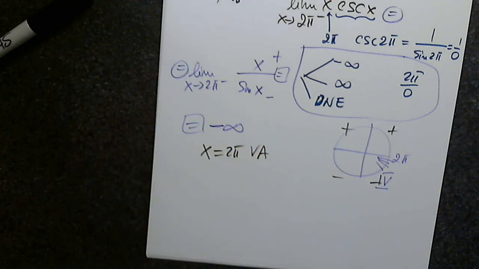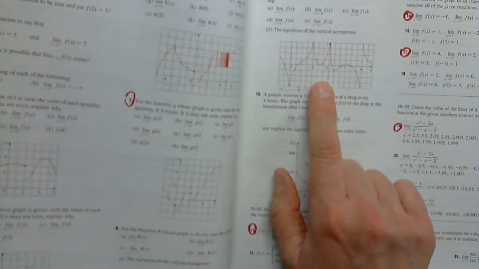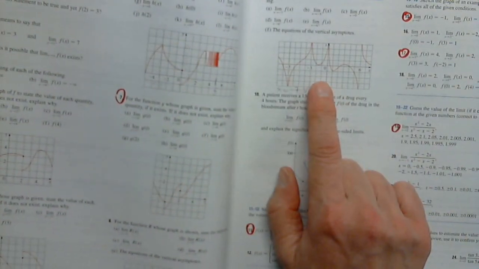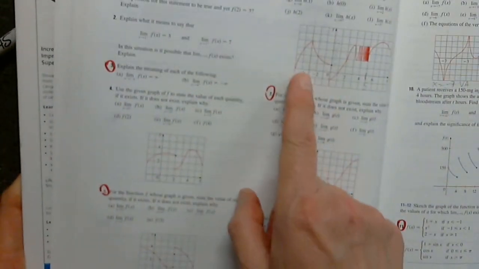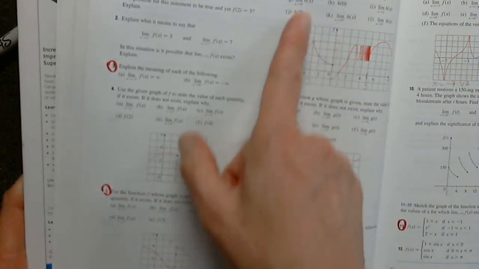The vertical asymptotes require at least one side to go to infinity or negative infinity. So for example, at 0, at least one side goes to infinity, where x equals 0 is a vertical asymptote. At 6, at least one side goes to either positive or negative infinity, x equals 6 is a vertical asymptote. If the limit left and right is 4, that's not a vertical asymptote.